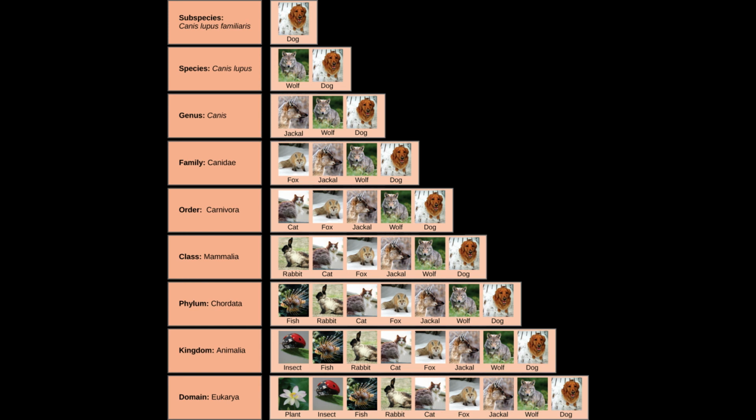This means that all of the members of a taxon should have a common ancestor and be more closely related to each other than to members of other taxa.